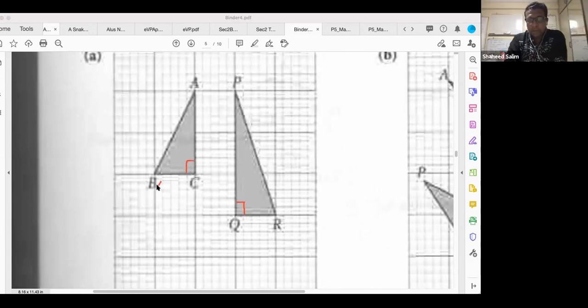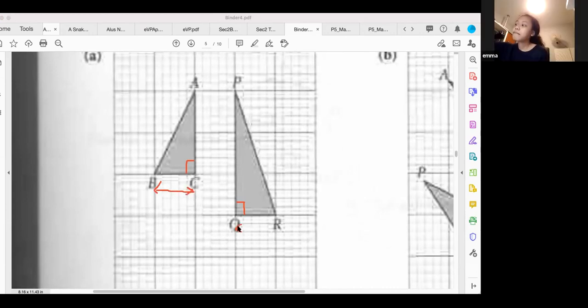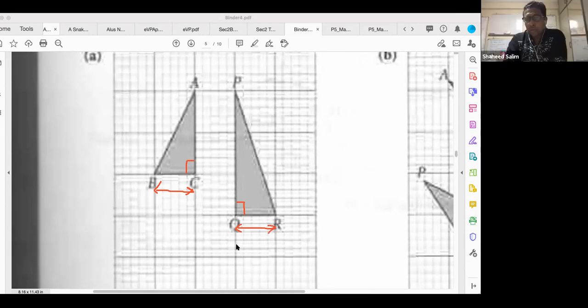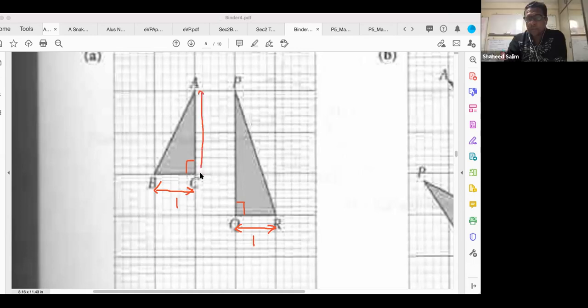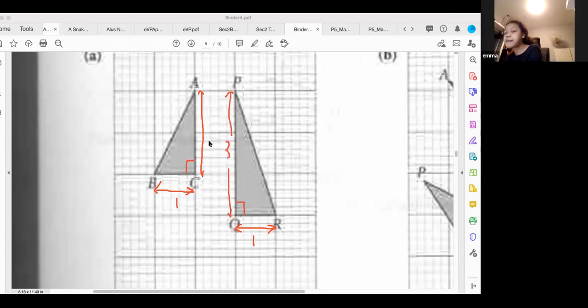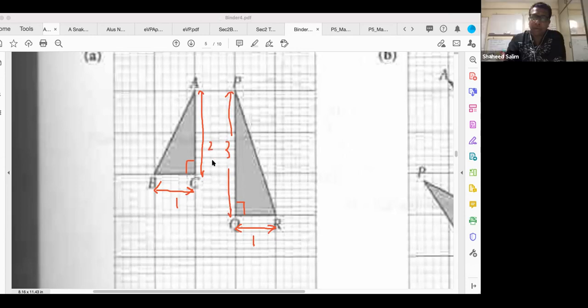Now the base down here is the same, so the ratio is 1 to 1. But the ratio here, this is 2 and this is 3. Can you see that the ratio is like 3 over 2? Then now here's 1 to 1. So it's not consistent. This is out.